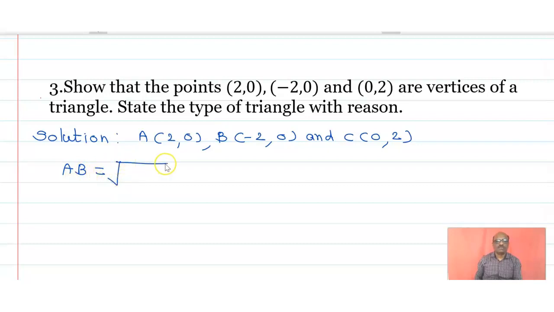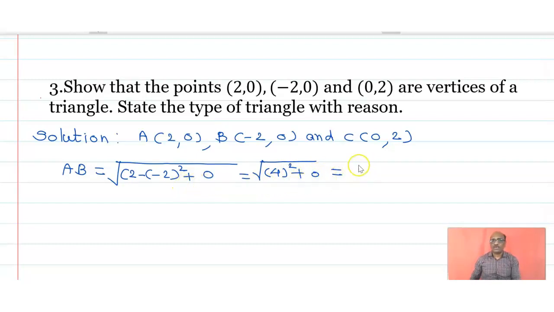In root of, okay, 2 minus in bracket minus 2, bracket square, plus 0 minus 0, that is 0. And if we evaluate it, then 2 minus minus 2 means what here? 4 square plus 0, and that is AB.